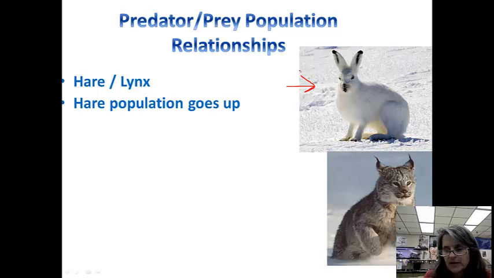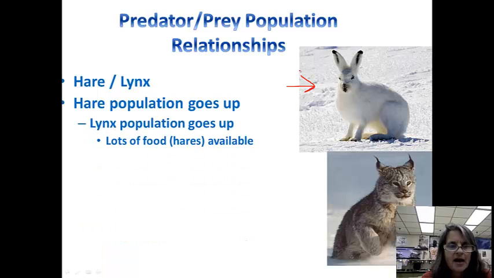Lynx prey on the hares, and so since there's a lot of hares, the lynx population is able to be very vibrant and healthy and reproduce. There's lots of food for them, and so the lynx population goes up as well. So as our hare population increases, so does our lynx population increase.